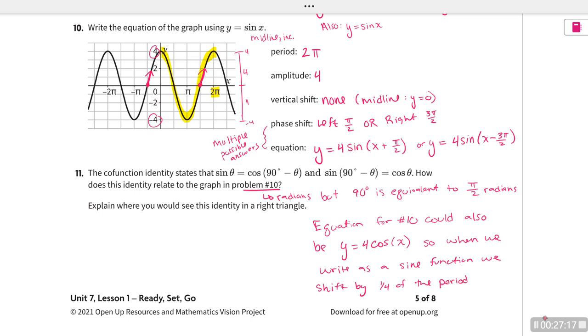Right? So when our period is 2 pi, 1/4 of 2 pi is pi over 2. And when it's 360, 1/4 of 360 is 90. Right? So that's where we shifted for.